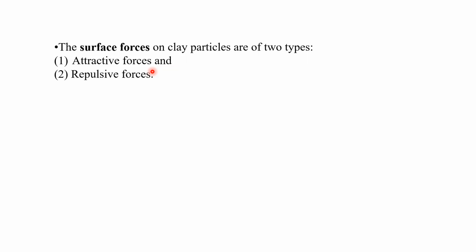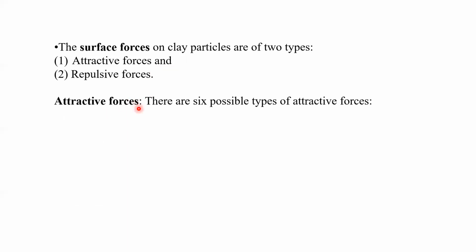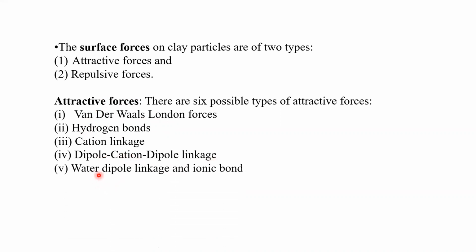So attractive forces are also going to work between the two particles, and repulsive forces also may be there. You can see here what are the various attractive forces which work between the two particles: Van der Waals-London forces, hydrogen bonds, cation linkage, cation dipole linkage, water dipole linkage, and ionic bond.